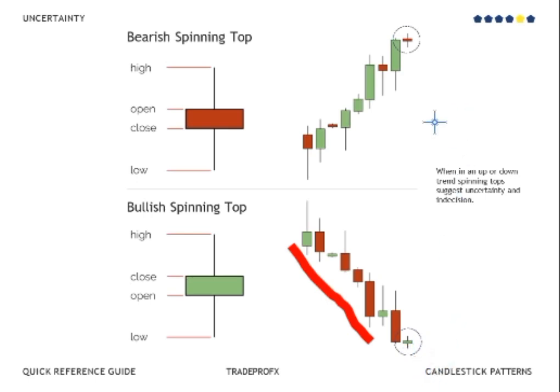When you see a bearish spinning top in an uptrend, this is an uptrend and you spot this spinning top, the bearish spinning top, it shows indecision of that uptrend, and a bullish spinning top shows indecision of that downtrend.